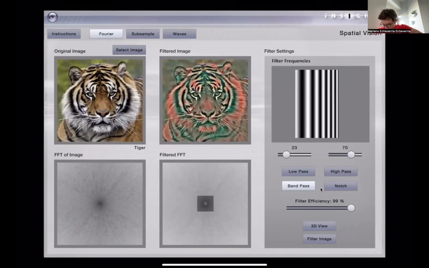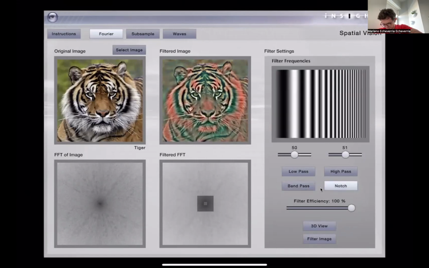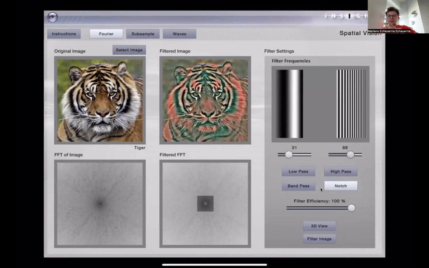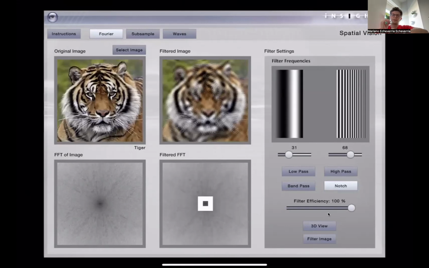And then, well, let's just play with another one, the notch. Let's see what this one does. Well, in a sense it's the complement of the bandpass. So it's now deleting the stuff in the middle of the frequencies. And so when you filter the image, you get this one.